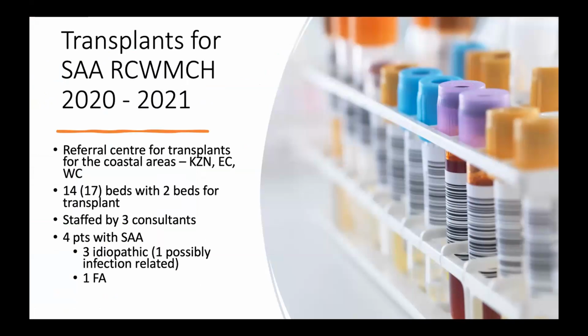The unit has 14 beds, which it's staffed for, 17 beds at a push, and this includes the 2 transplant beds. It's currently staffed by 3 consultants. So the patients that I'm going to be taking you through are essentially snapshots of 4 patients with severe aplastic anemia, 3 that were idiopathic, and 1 with Fanconi's.